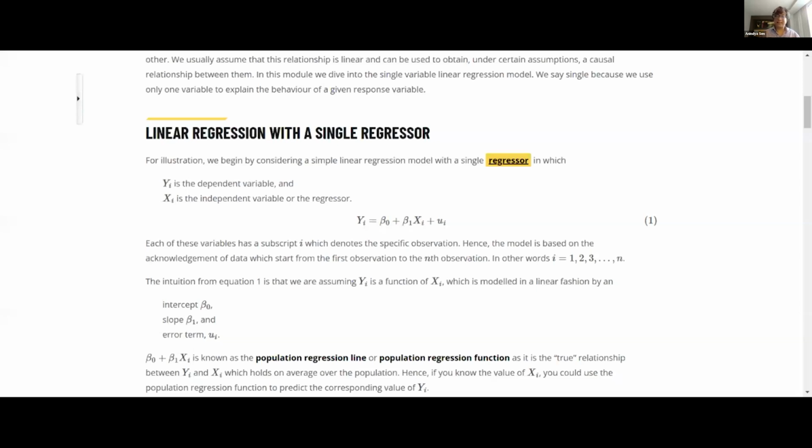You'll take the data and then use an algorithm, which allows you to get an estimate of this beta 1, which is the slope. And it's based on minimizing the errors, which you see, okay? So we're trying to essentially get a line of best fit. Now, this will become clearer in our next module.